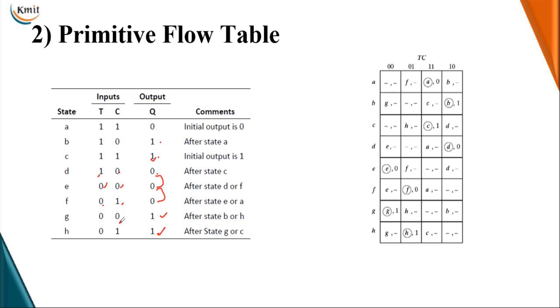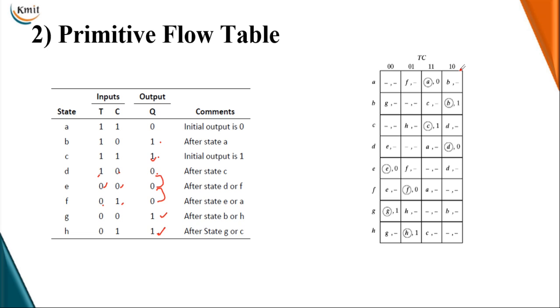Next, for 1 0 input, after the initial state A, it will move to B. It is also unstable, so we are not mentioning the outputs. Next, coming to the B row, the state B occurs on input condition 1 0. So for 1 0, state B is a stable state, output is logical 1.